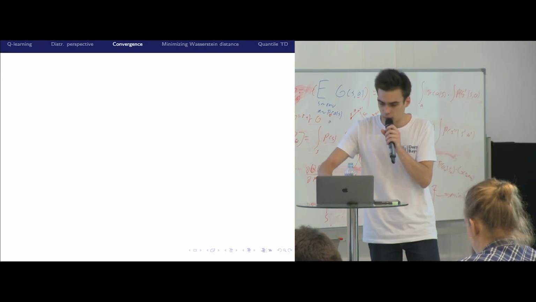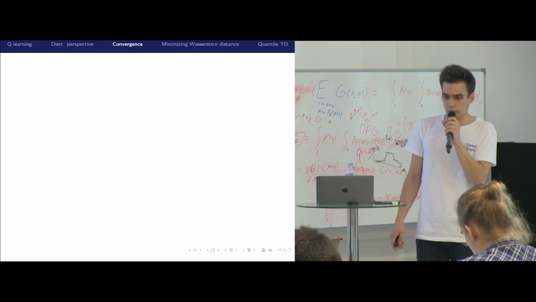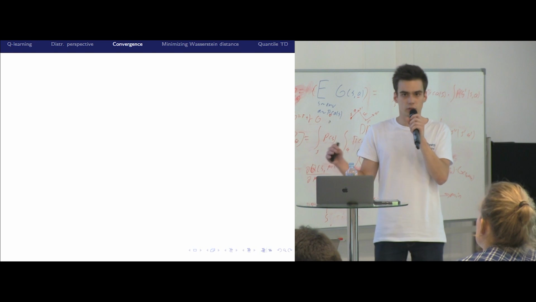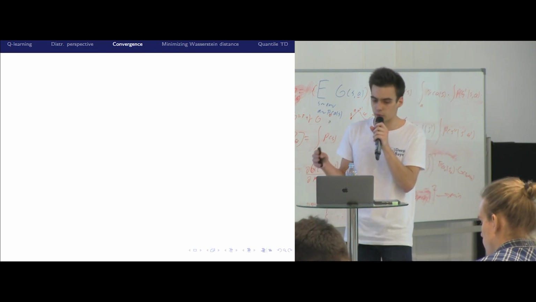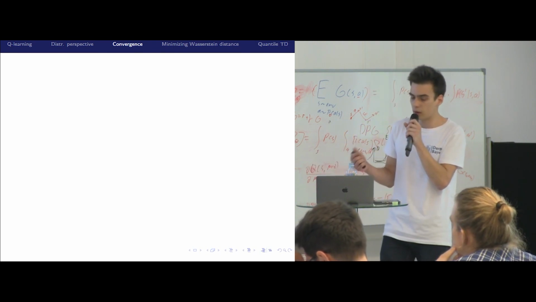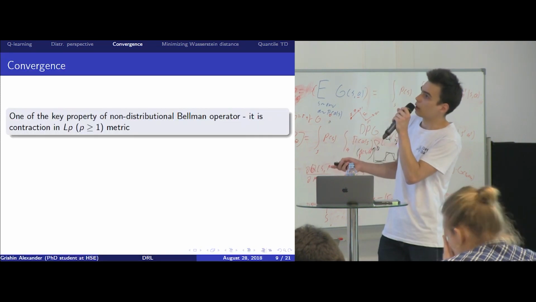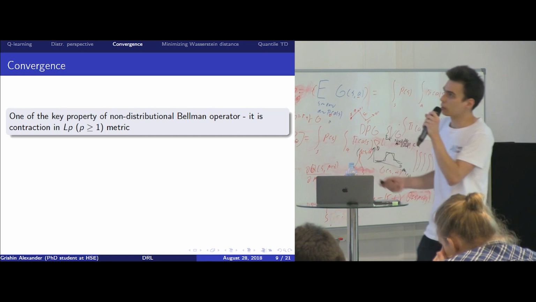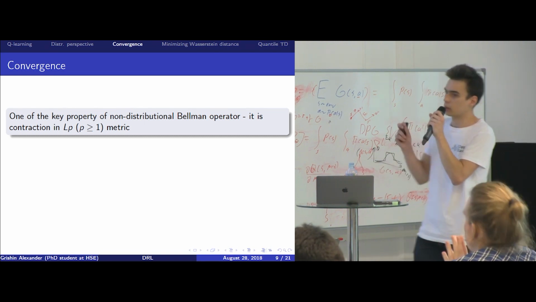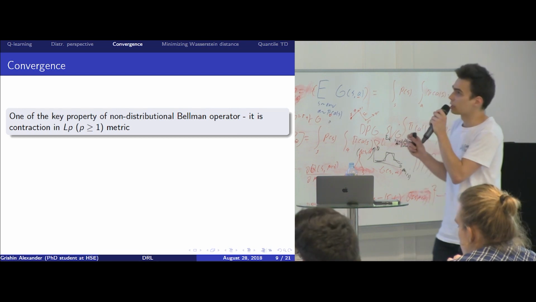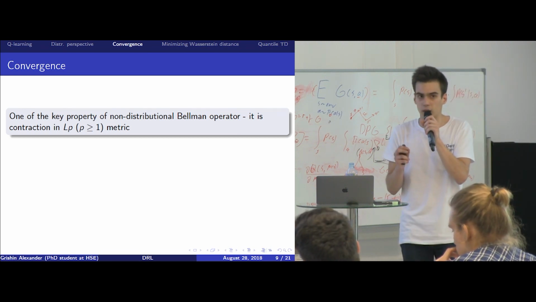Of course, we would like to have similar theoretical guarantees for distributional reinforcement learning as we have for Q-learning. In Q-learning, one of the key properties of the non-distributional Bellman operator is that it is a contraction in the Lp metric.